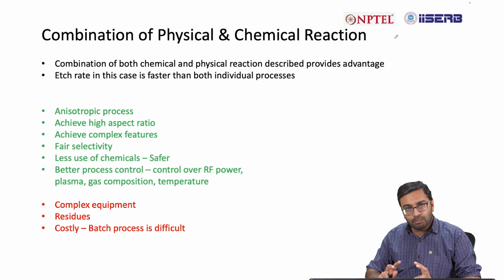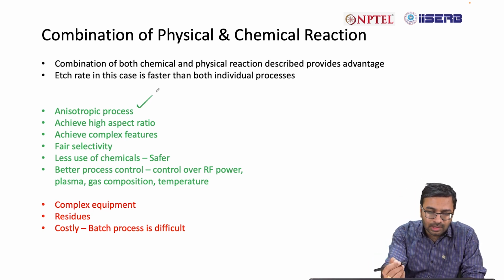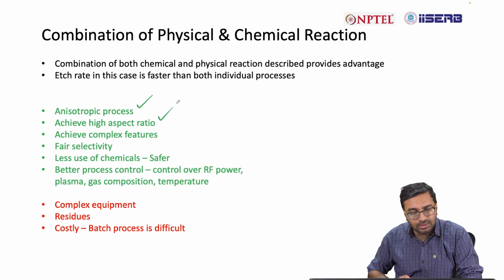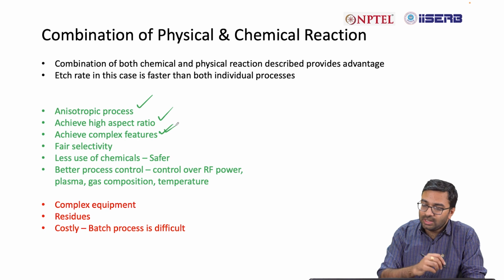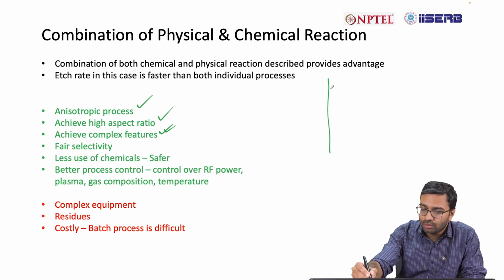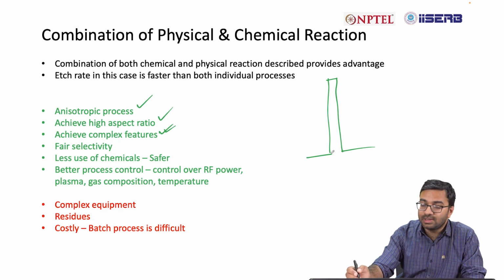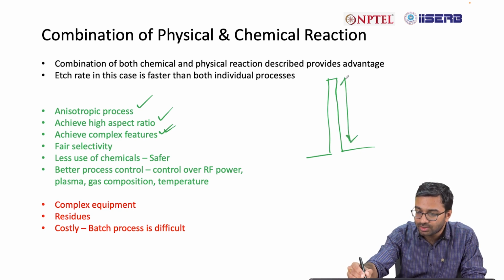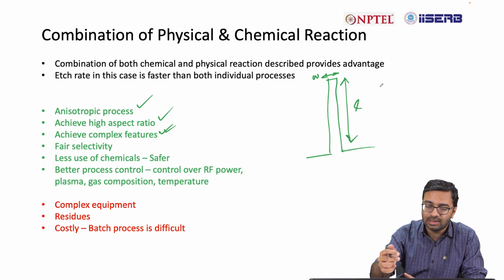So, the positive side of dry etching is that the process is anisotropic. You can achieve a high aspect ratio just by using the dry etching process. You can also achieve complex features, especially a high aspect ratio feature, for example, where the length or height is much higher than the width and other dimension.